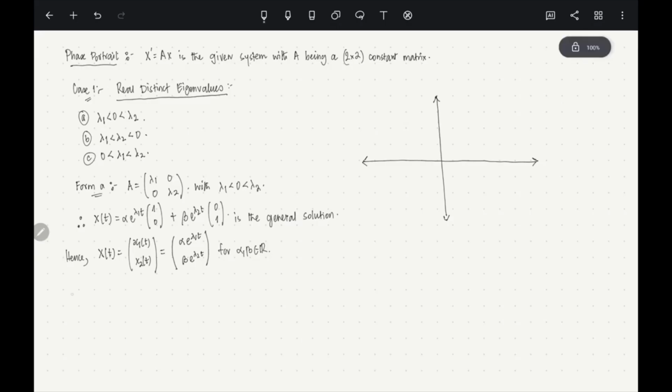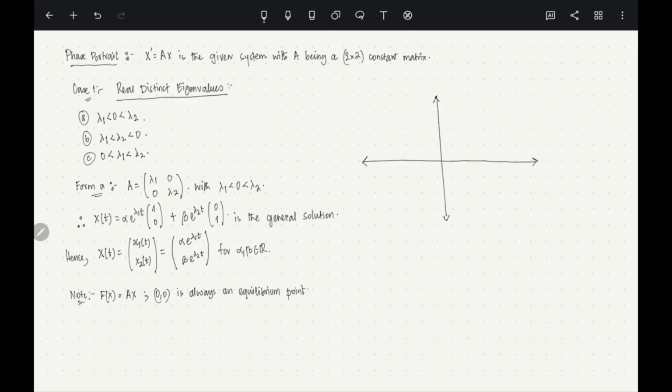So note, if you consider f of x, let's say this is A of x in your case, you see that 0 0 is always an equilibrium point, irrespective of whether A is invertible or not.